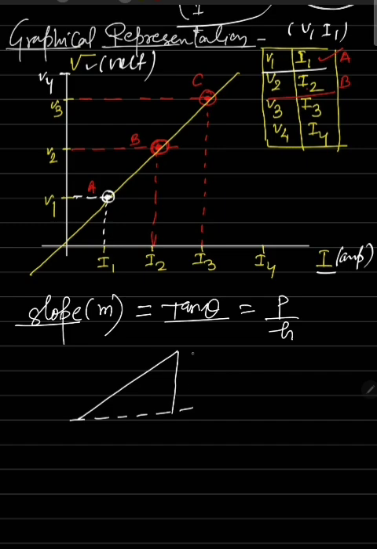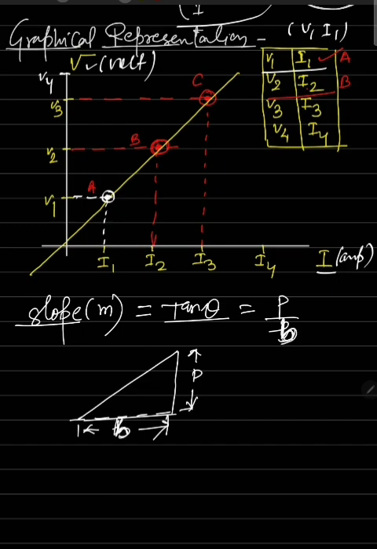Suppose I complete this line like this, so it makes a right angle triangle. Suppose I consider this height P, and this is our horizontal base. It is P by B, sorry, perpendicular by base.